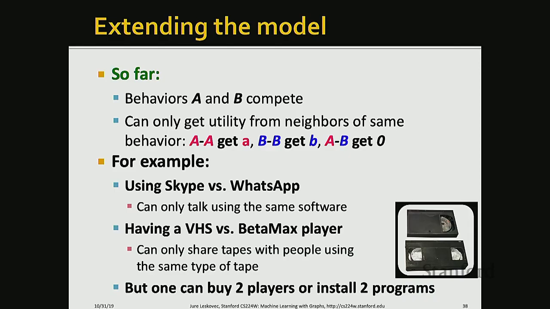Or even in a case where the barrier is slightly higher, involving actual cost, there were people back then who had both VHS and Betamax. You could have two VCRs at home, and then you were able to borrow and get movies from all your friends, no matter what kind of technology they adopted. So generalizing this model is important, because this kind of scenario happens very often.